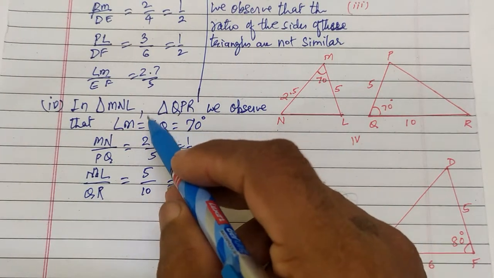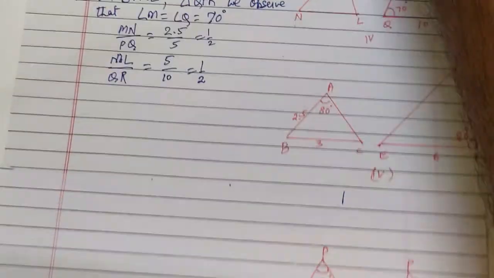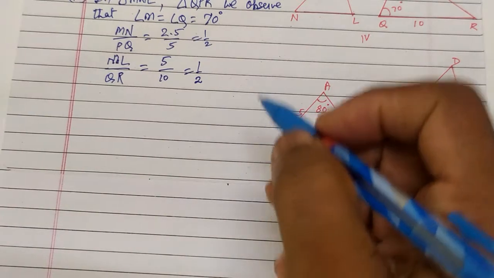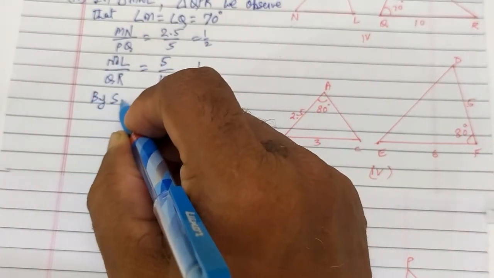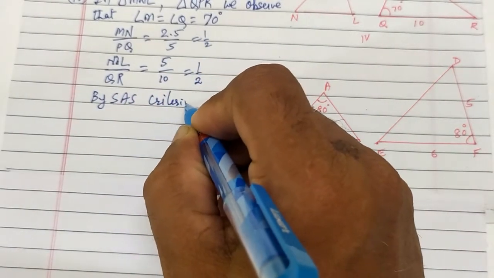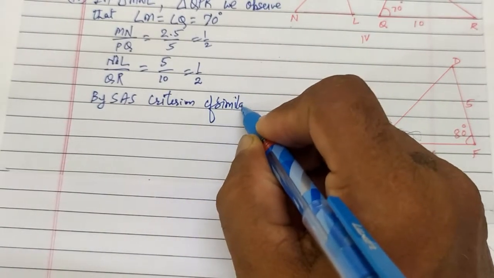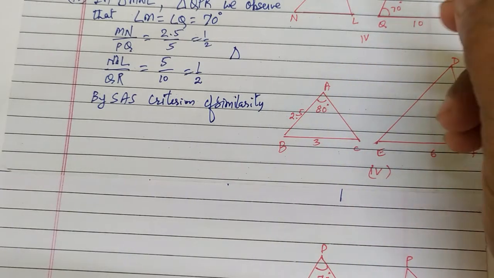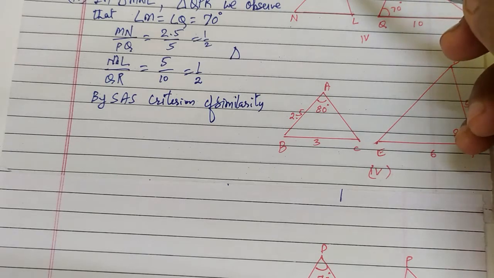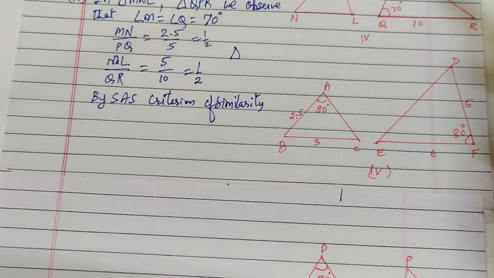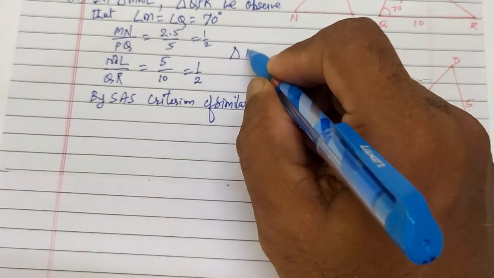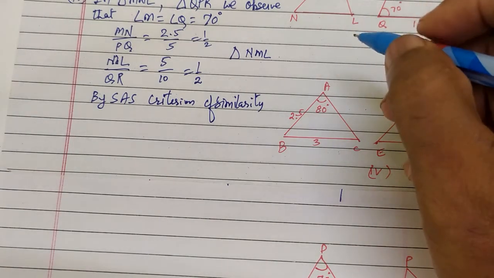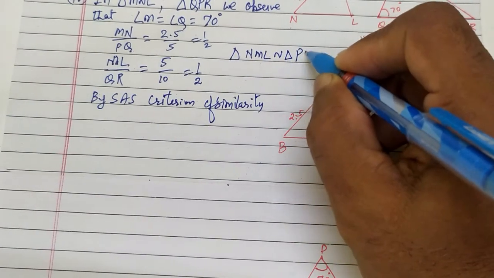So 2 sides proportional and 1 angle equal. So by side angle side criterion of similarity, triangle NML is similar to triangle PQR.